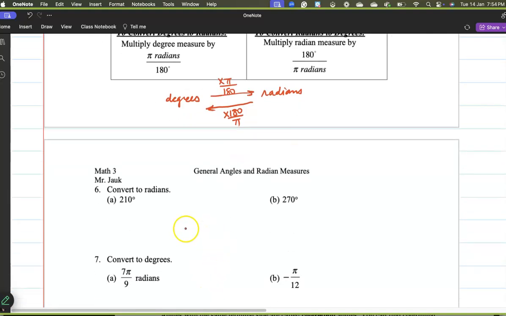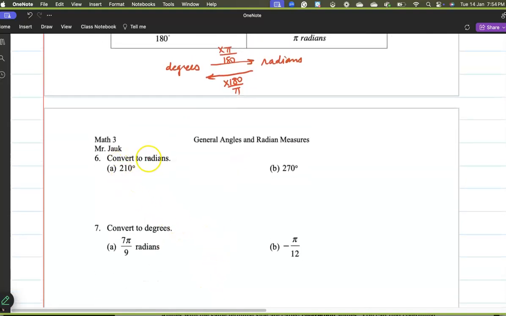So let's see over here. Convert to radians. There are two ways of doing it. You can say that 180 degrees is the same as pi radians. So 210 degrees is how many radians? Using the unitary method, 210 into pi upon 180. 3 7s are 21, 3 6s are 18. So 210 degrees is the same as 7 pi by 6 radians.